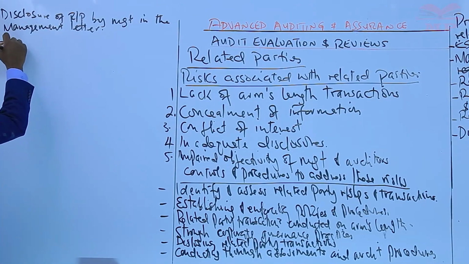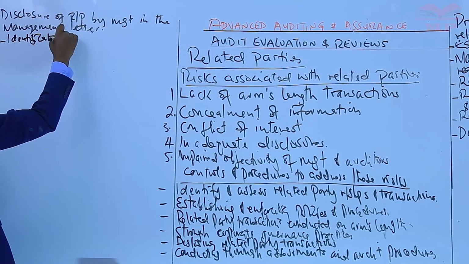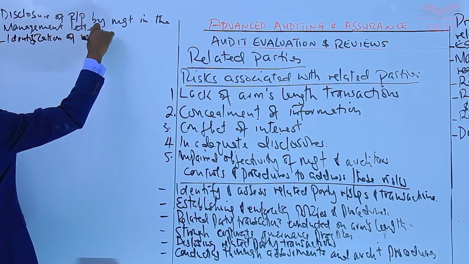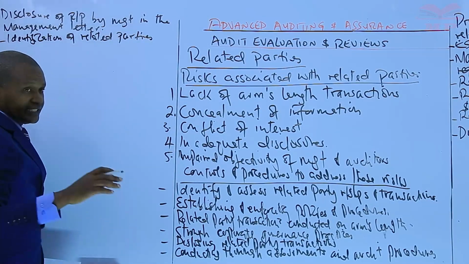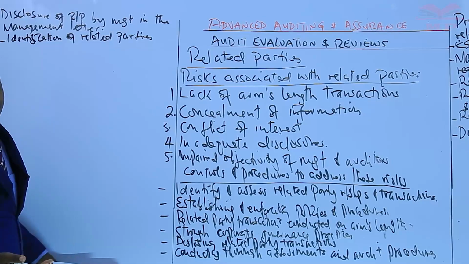Number one, identification of related parties.